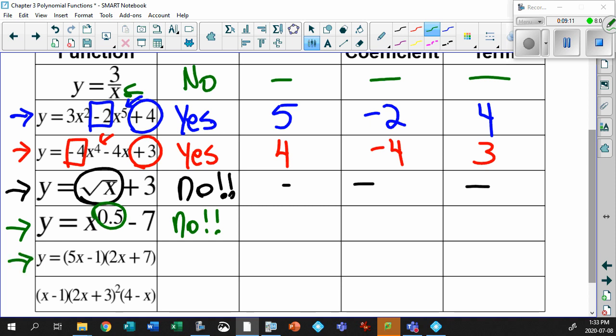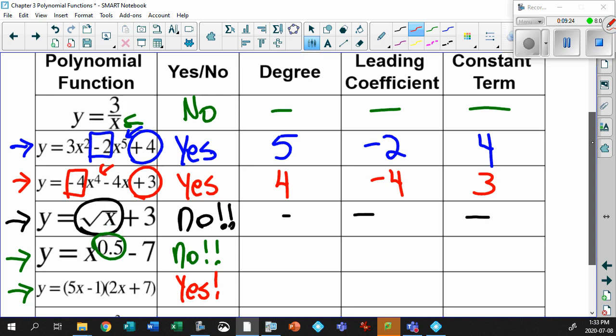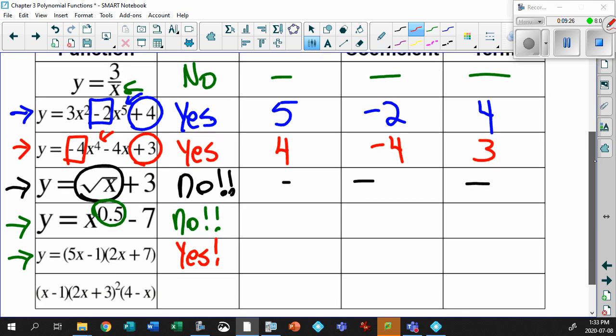Okay, brings us to this. Well, that looks an awful lot like the stuff you did in Math 20. So is this a polynomial? Oh, gosh, yes, it is. Absolutely it is. Oh, tell me the degree. Well, the degree is found by multiplying all of these x's together. Remember FOIL, right? First, outer, inner, last.